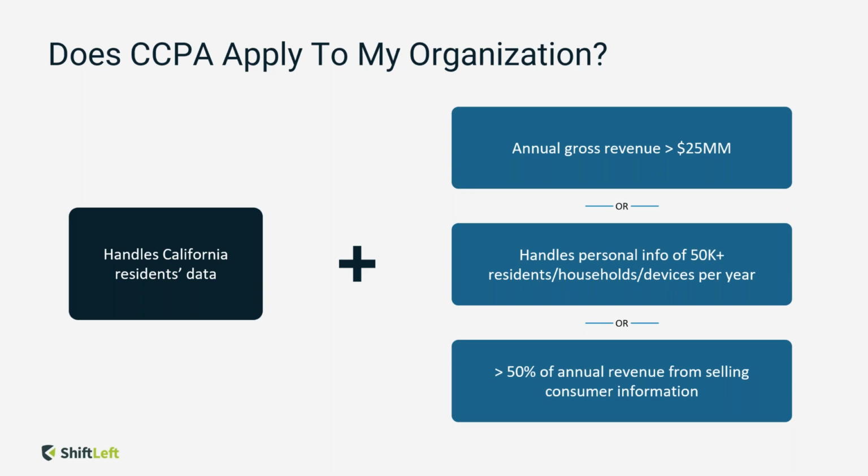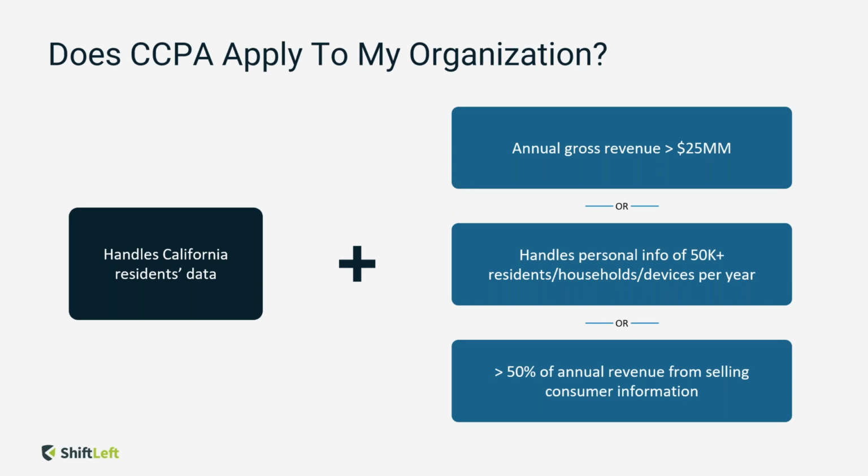And or you're making more than 50% of your revenue from selling this information. Right? So as you can see, it is pretty broad. But if you don't fit into these, you don't need to be compliant for CCPA, at least in the beginning. But when you cross any of these limits, you need to start being compliant.